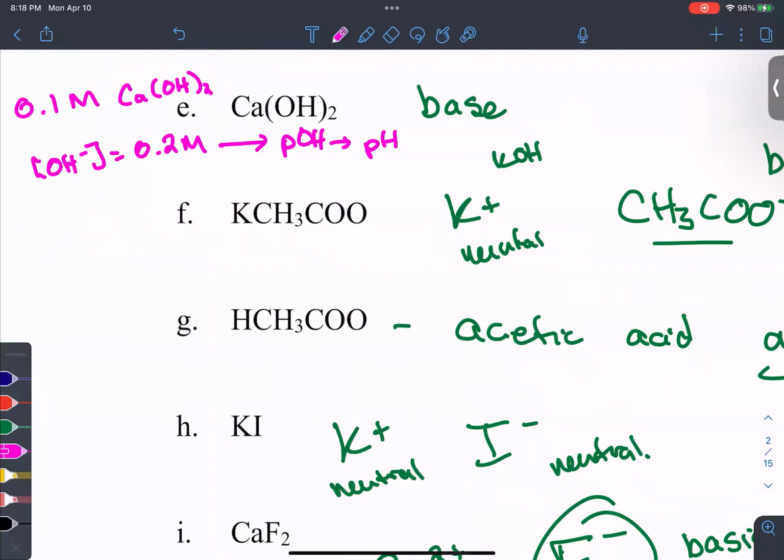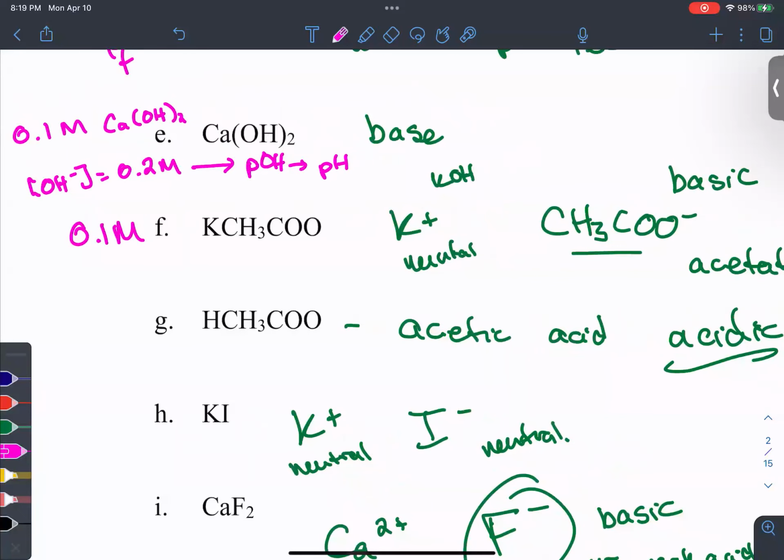Potassium acetate. You have 0.1 molarity of that. So again, think about how we defined this. Potassium acetate is a what? A base. So that means we have to use what expression? Kb. Kb, but will we be given Kb of acetate?